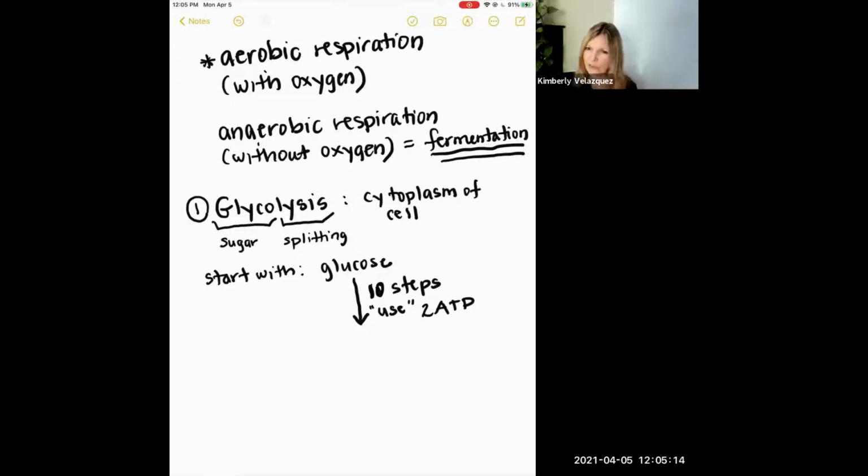So there is an energy investment phase in which 2 ATP are used, but we make 4 ATP throughout glycolysis. And at the end of these 10 steps, we started with a 6-carbon glucose, and we now have split it into 2 3-carbon molecules called pyruvate.